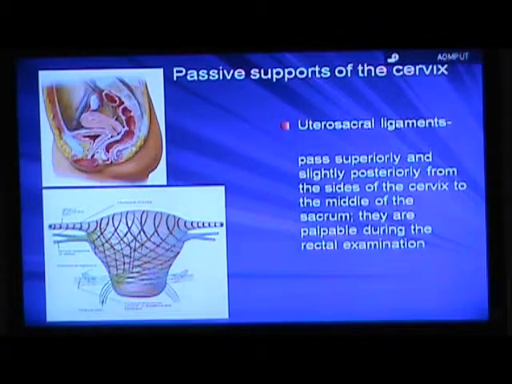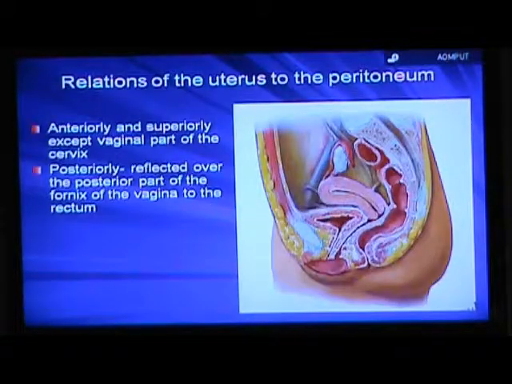And the uterosacral ligaments, this one, they go up here. They pass superiorly and slightly posteriorly from the sides of the cervix to the middle of the sacrum. They are palpable during the rectal examination. So the per-rectum examination.